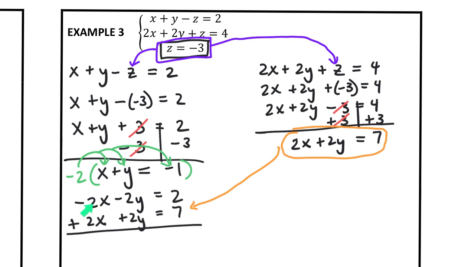Alright, so what's negative 2x plus 2x? They cancel. What's negative 2y plus 2y? They cancel. So if everything cancels on the left, I'm going to end up with 0 equals, what's 2 plus 7? 2 plus 7. 9.